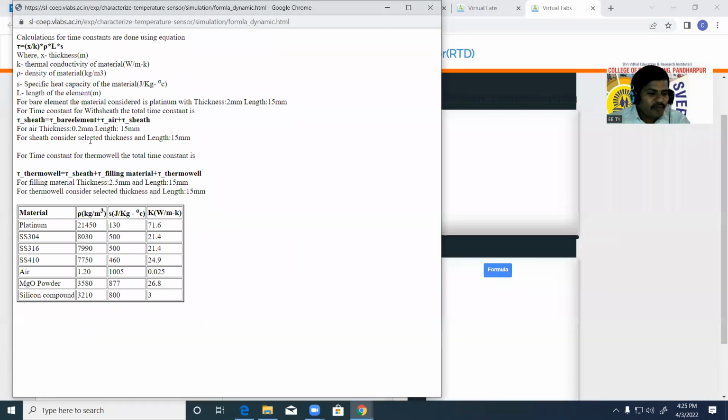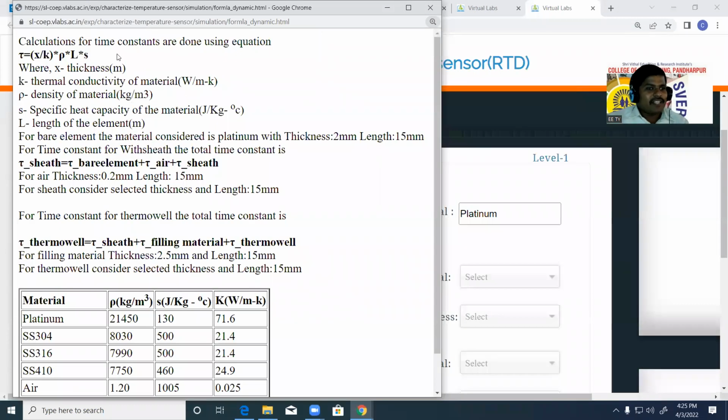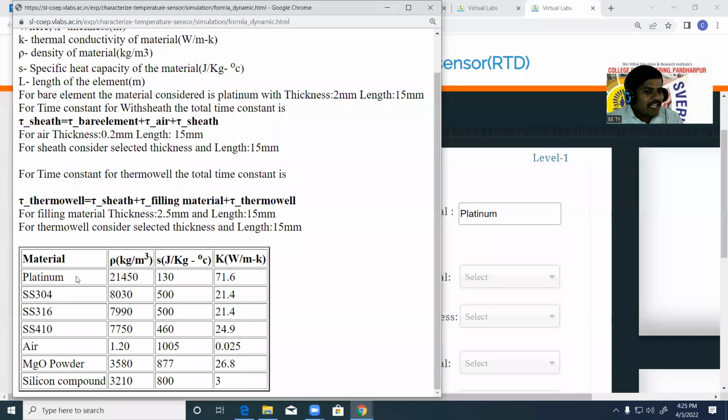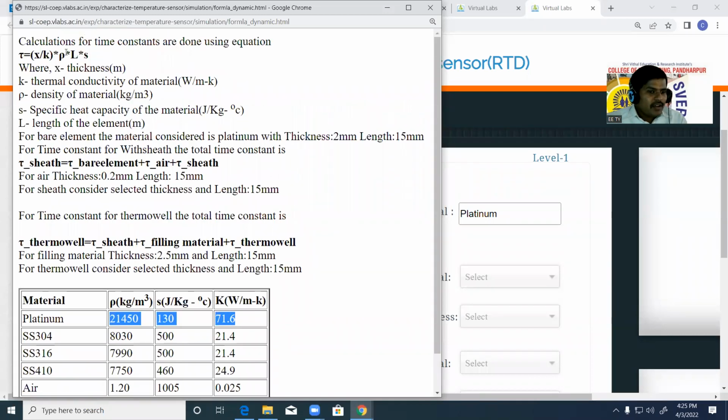So see, this is the formula for the calculation of the time constant. T is equal to x divided by k rho L into S, where x is nothing but thickness, k is nothing but thermal conductivity of that material. Thermal conductivity of platinum material is given, k is given 71.6. Rho, resistivity of that material, is given 21450.